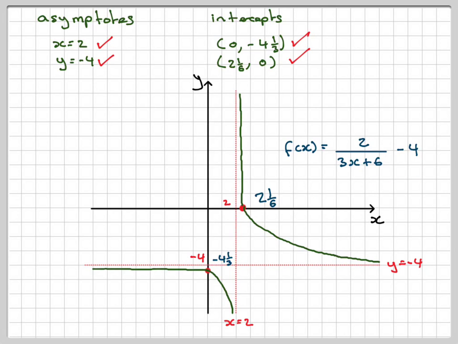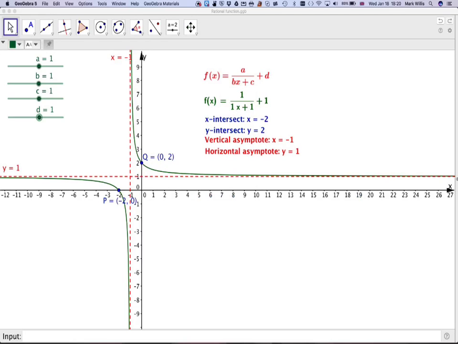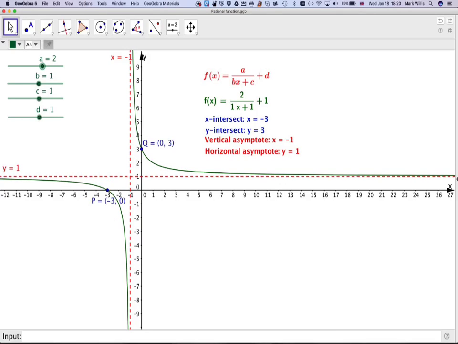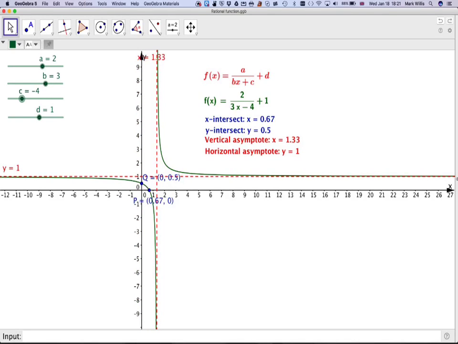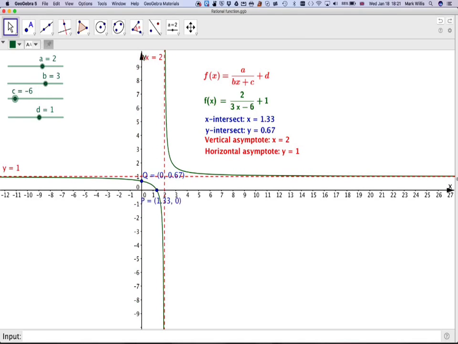And just to check to see if we are correct, we can go to our GeoGebra applet. So we've got A is equal to 2, B was equal to 3, and then C was equal to minus 6, and D was equal to minus 4.